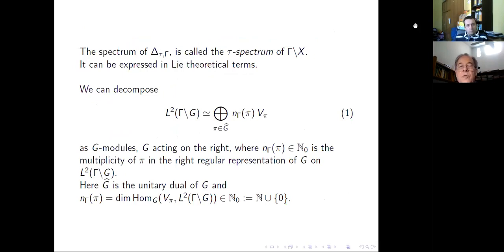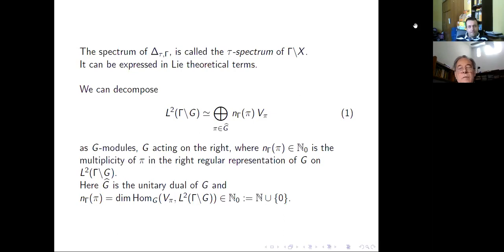We decompose L2(G mod gamma), so we forget about K for a moment, as a sum of irreducible subrepresentations. Each representation will have finite multiplicity as G-module, with G acting on the right here. So n gamma of pi will be the multiplicity.